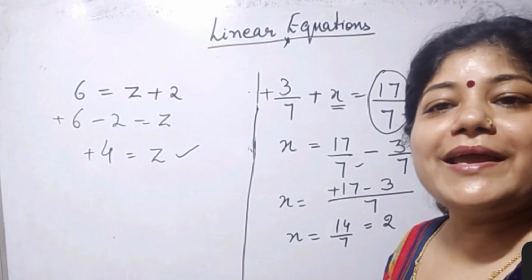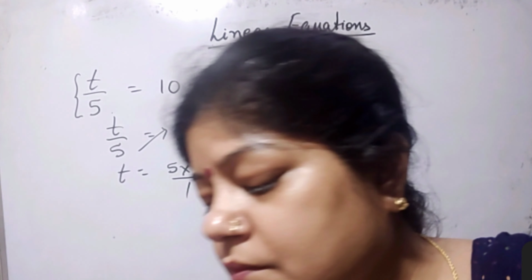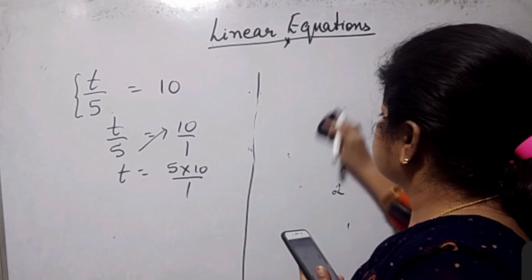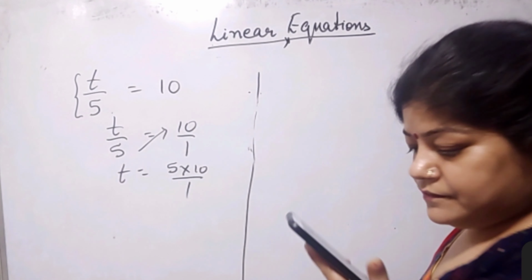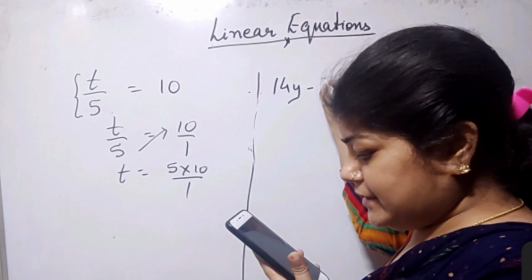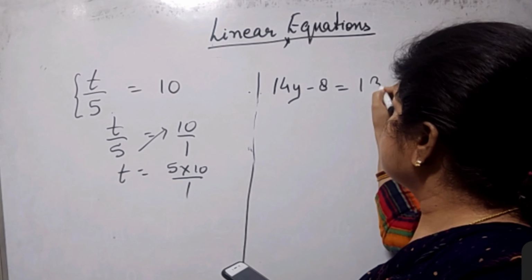Have you done question number 8 easily or not? Yes, ma'am. You know how to put the decimals after multiplying? Yes, ma'am. Okay. Now question number 10: 14y minus 8 is equal to 30.